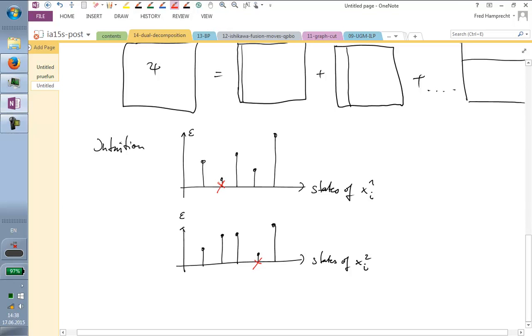So what I can do now is I can start changing the parameterizations between my 2 subproblems such that I'm trying to push this energy up, and I'm trying to push that energy down. And here, vice versa, I'm trying to push this energy up and that energy down.